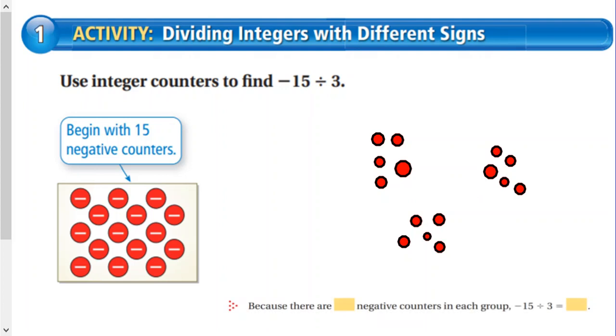Because there are five negative counters in each group, negative 15 divided by 3 is equal to negative 5. Go ahead and pause now. Make sure you write this example down in your math notebook.